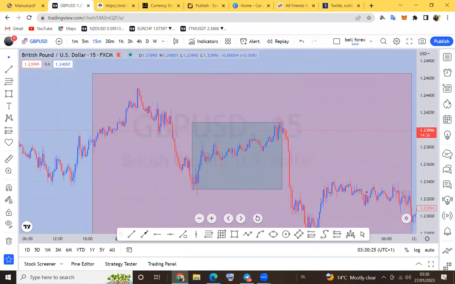So you see, you have now an impulsive wave, a corrective wave, an impulsive wave, a corrective wave, an impulsive wave, a corrective wave, impulse, correction, impulses. So you now see that in a trend, there is a trend, is a trend.